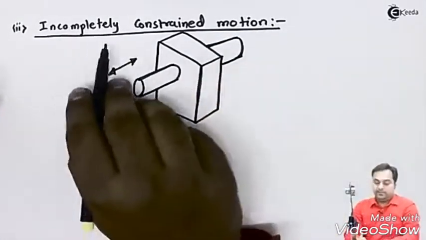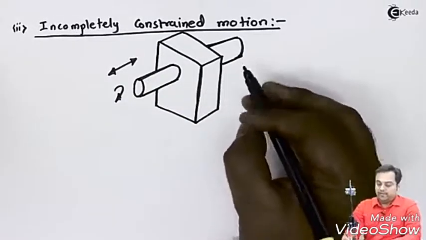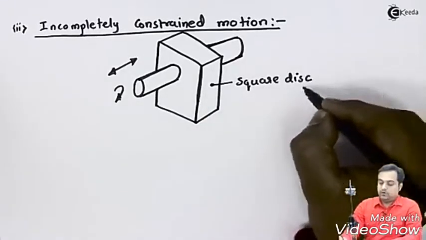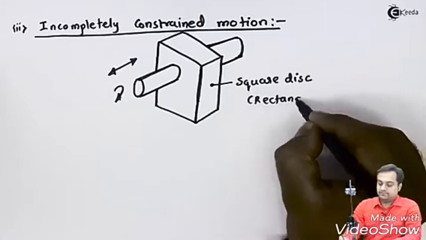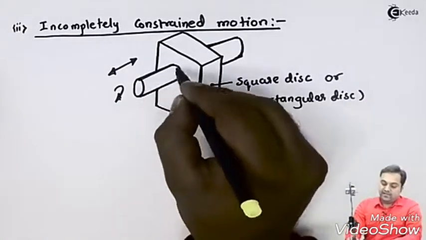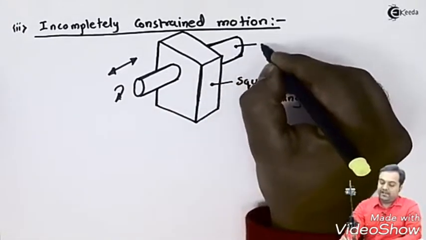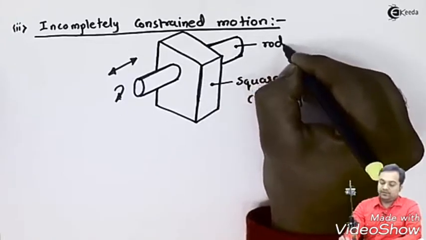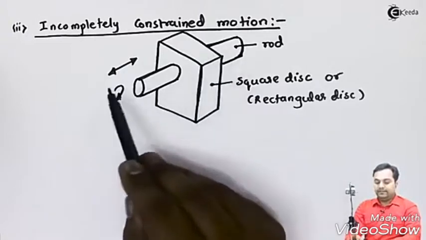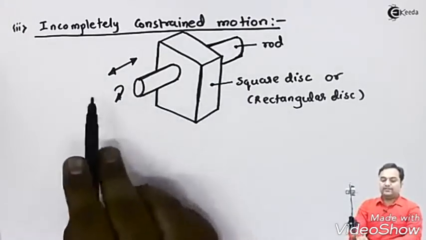Now, incompletely constrained motion can be explained with this diagram, where in a square disc or a rectangular disc, if we have a circular hole and in that we have a circular rod, then we can see that this rod can reciprocate inside the disc as well as rotate inside the disc.